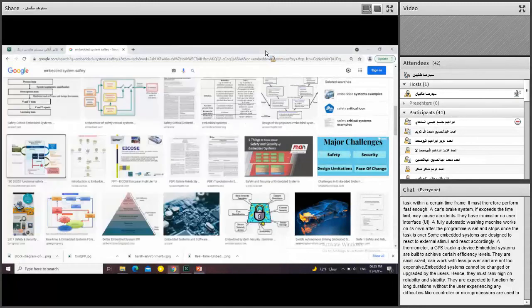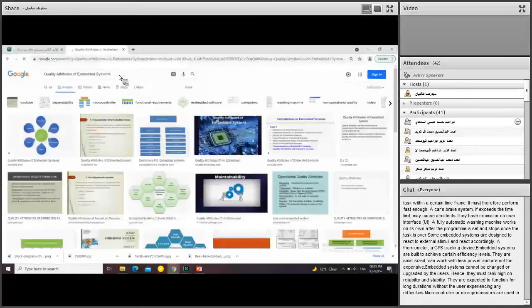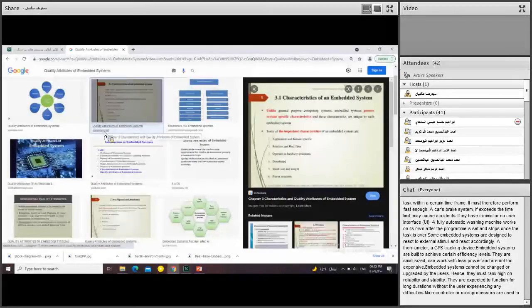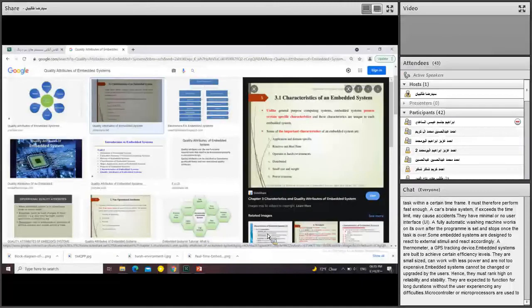Let me write it on the internet, in Google, and see if we have any. Yes. For example, maintainability. Here. Characteristics of embedded systems.